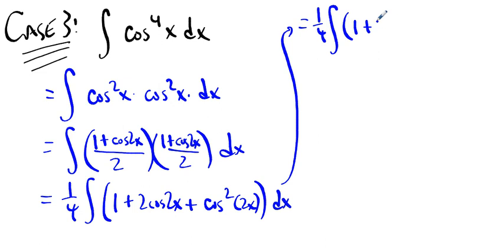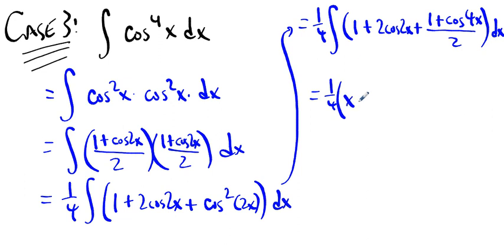So you've got 1 plus 2 cosine 2x plus 1 plus the cosine of that double angle over 2. And it's at this point that I think to myself, I can integrate that, I can integrate that, I can integrate that, I can do this.